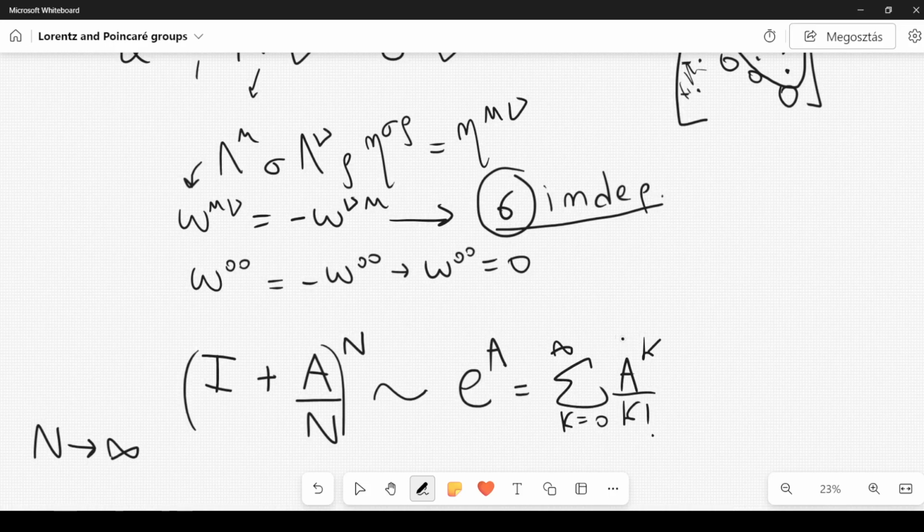You are summing the powers of this matrix, and it is easy to understand how to raise a matrix to a certain power, because you can multiply the matrix A by itself k times. So this is a finite number and it is also an integer. So you can raise this matrix to a certain power, and then you can obtain this object, e to the A. This is how you can do it in principle.